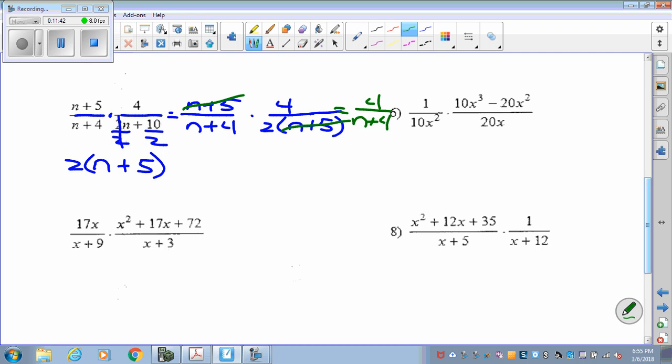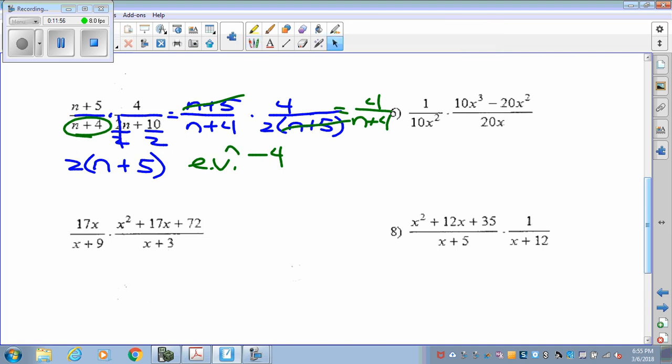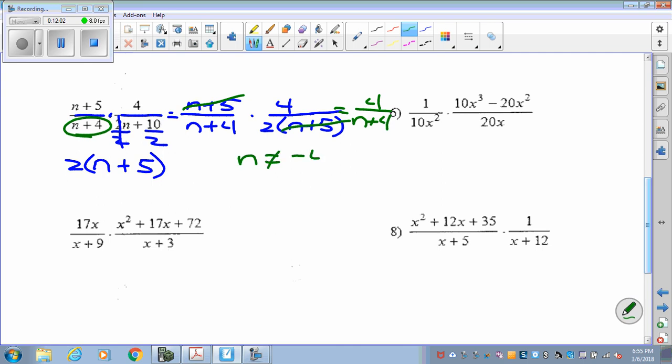Okay. For excluded values, all right, again, look back to these denominators. What would make that equal 0 would be negative 4, right? It's always the opposite. All right, so n, let me write that down here. n cannot equal negative 4.